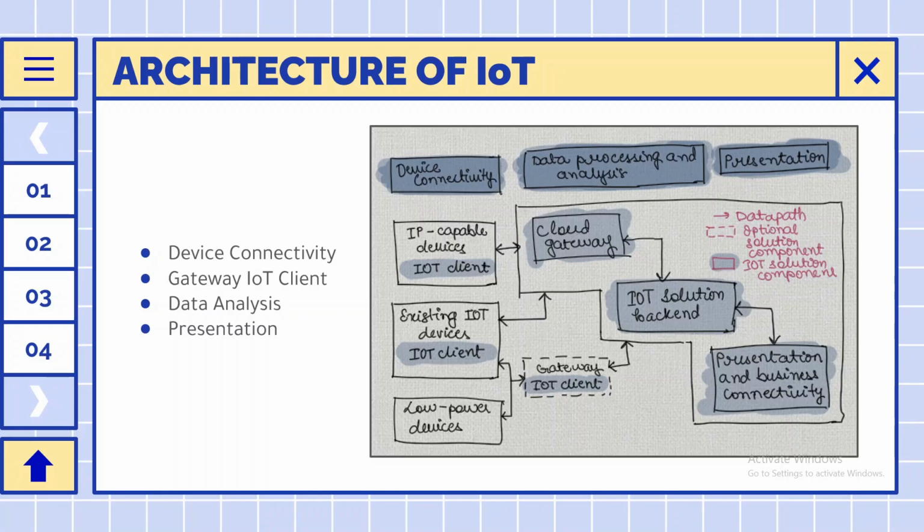The gateway IoT client helps devices that are not able to connect to the internet on their own and helps it to connect to the internet. Data analysis will help to analyze the data that is being sent from the IoT devices, and presentation is the way in which the data is presented to the people.